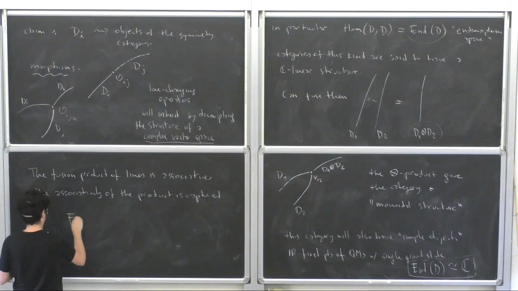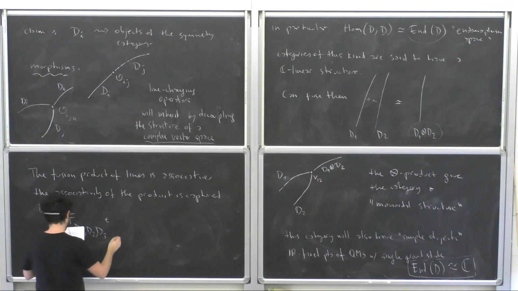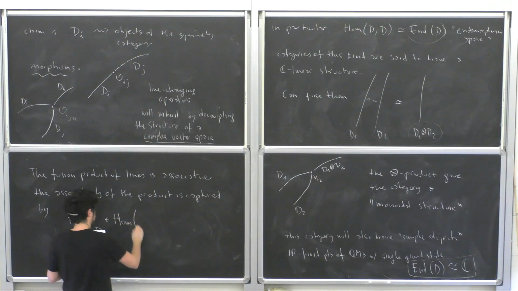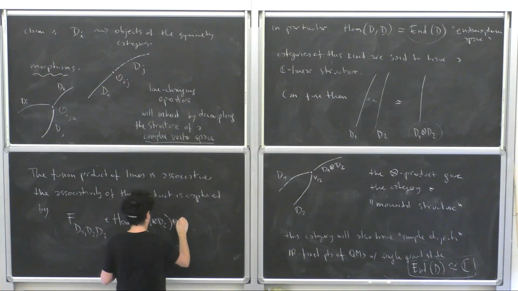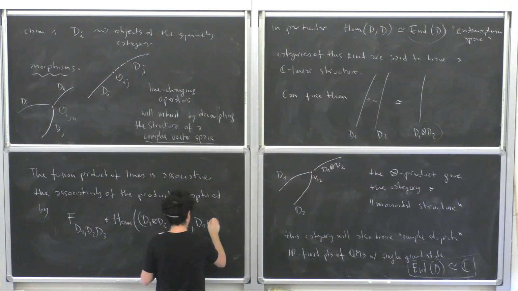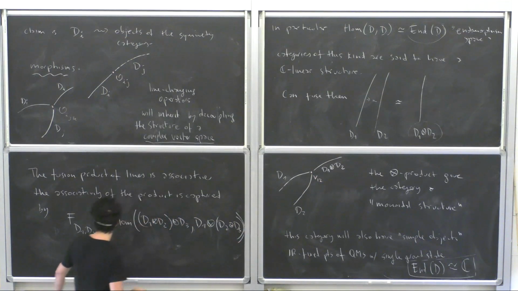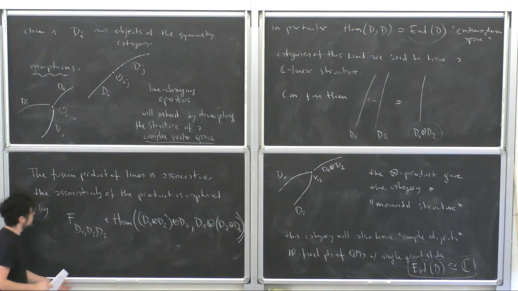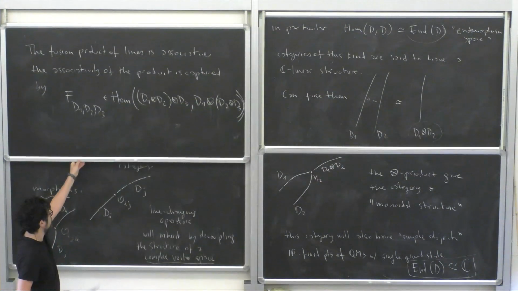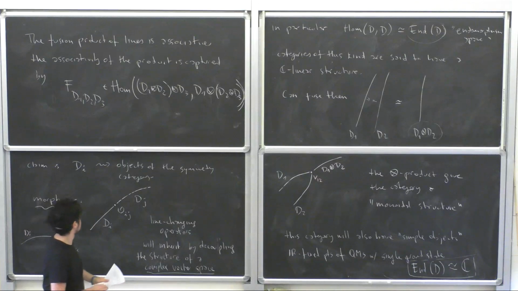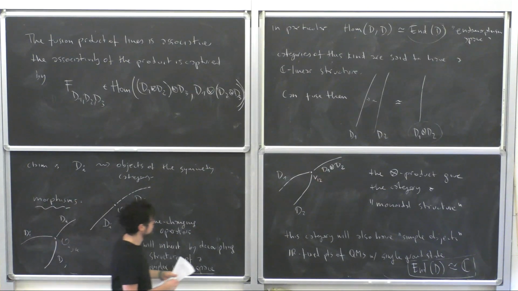Let's call it F, and then D1, D2, and D3. And this one is an element in the morphisms of D1 tensor D2 tensor D3 into D1 tensor D2 tensor D3. So in general, it's not a trivial operation. And how do we construct this morphism? We expect to find a line-changing operator of this type, no?